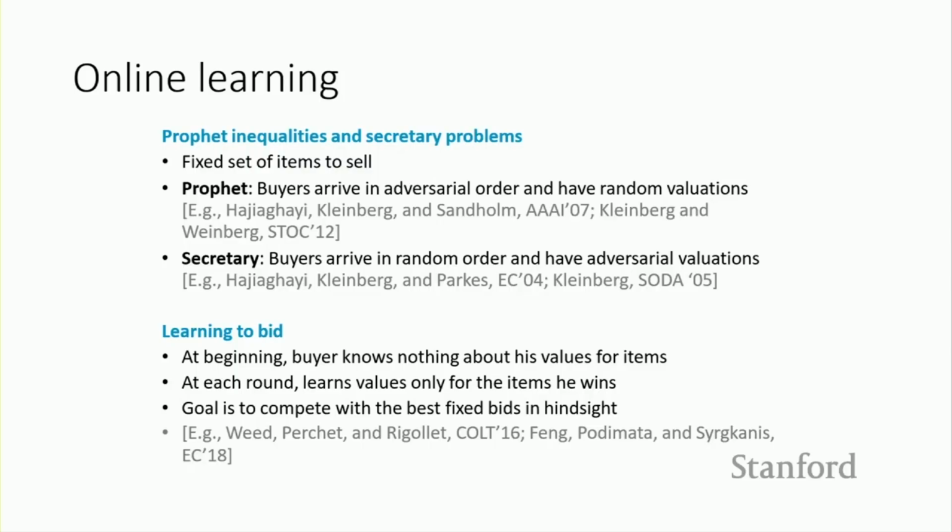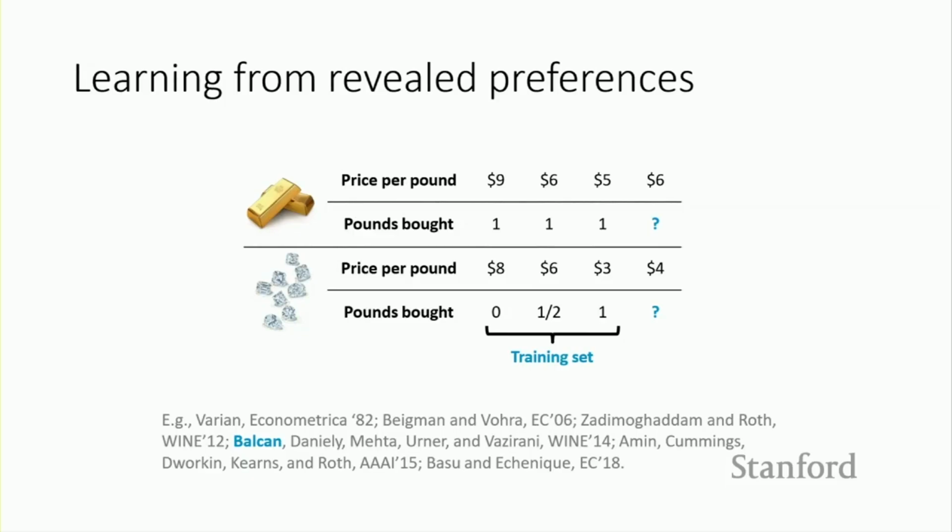So the two things to intervene on are the order in which buyers arrive and the valuations. The distinction here is in profit inequality settings, the buyers are adversarial in terms of ordering, but the valuations are some generic distribution. In secretary problems, the buyers arrive randomly, but the valuations are adversarial, thought to be some notion of worst case. And some people have done lots of work trying to engage with how learning interacts with mechanisms in those settings. Also related to stuff we've covered in class.